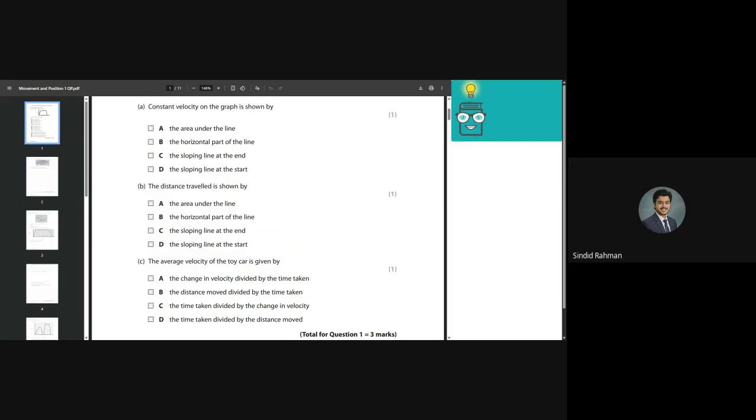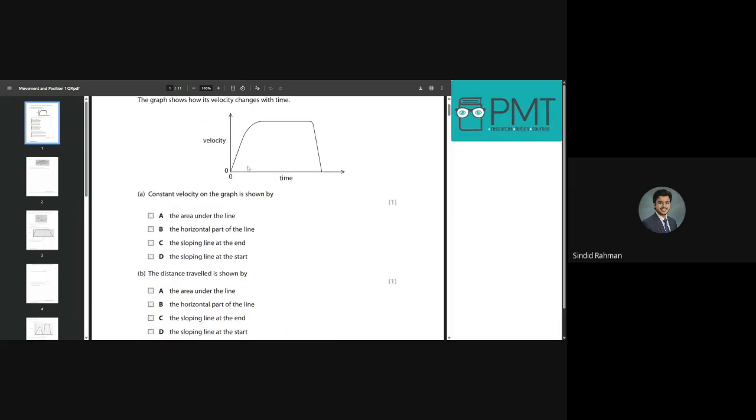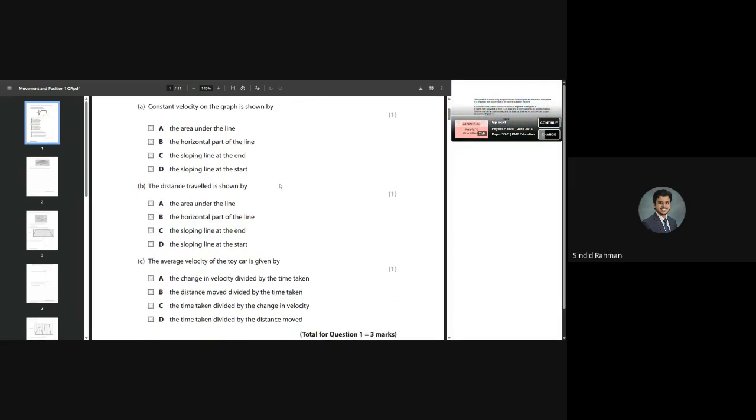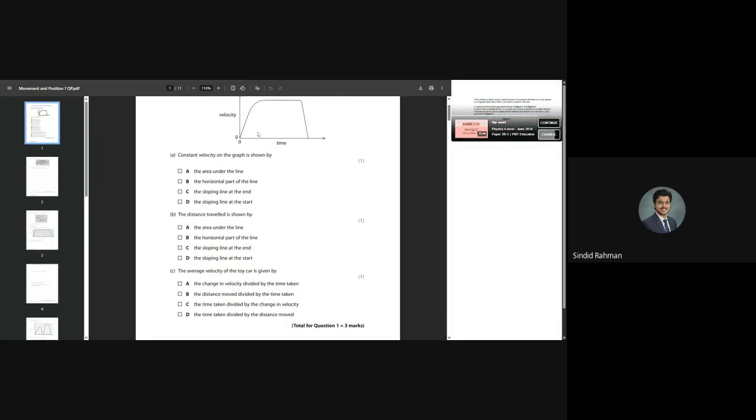And then the average velocity of the toy car is given by total distance moved divided by time taken. So the answer would be B.